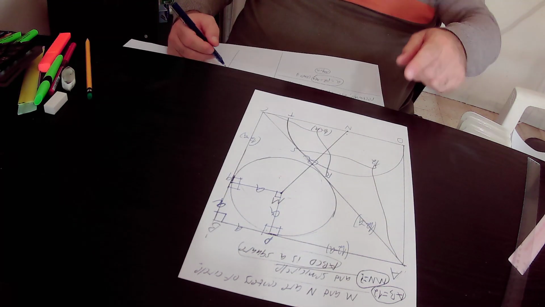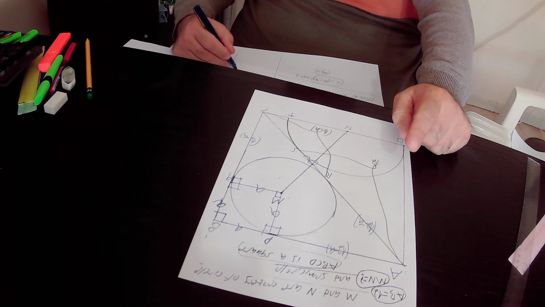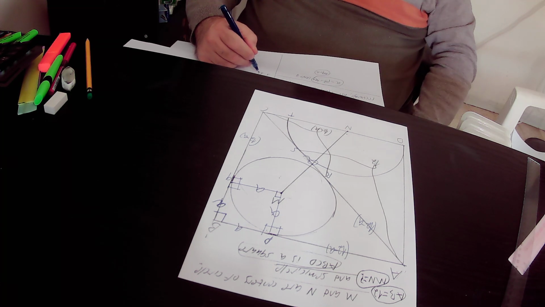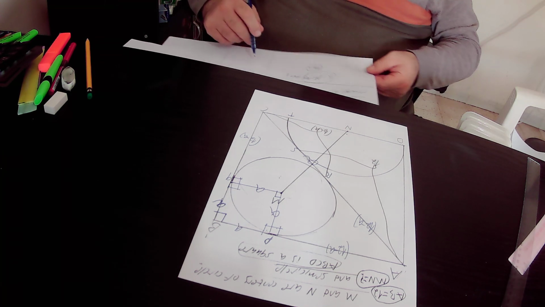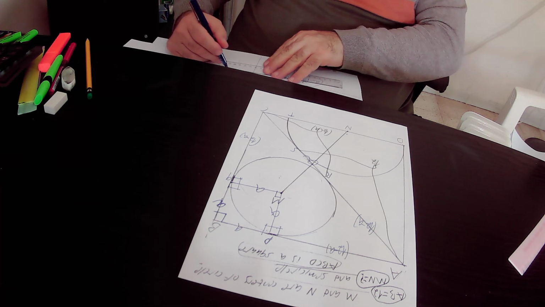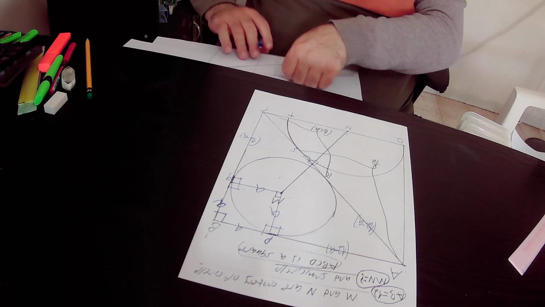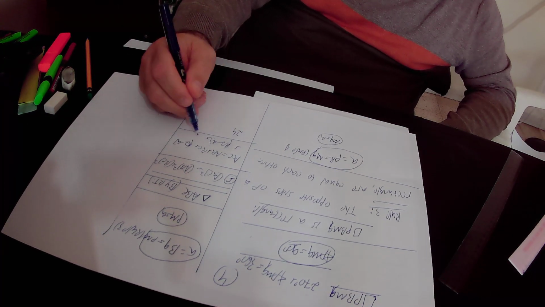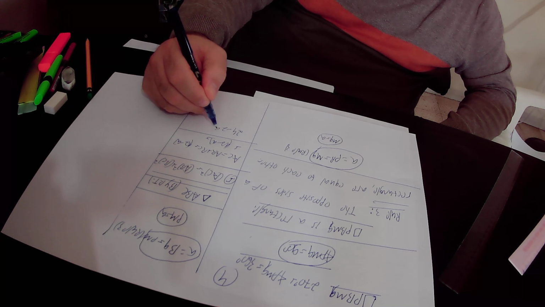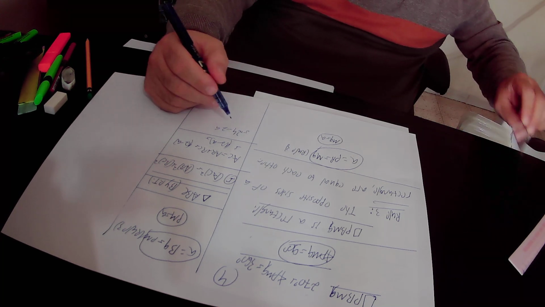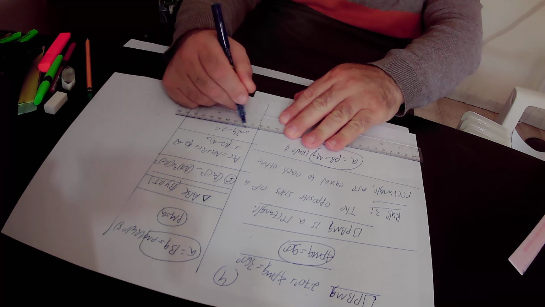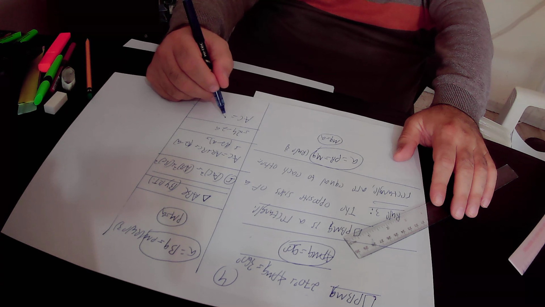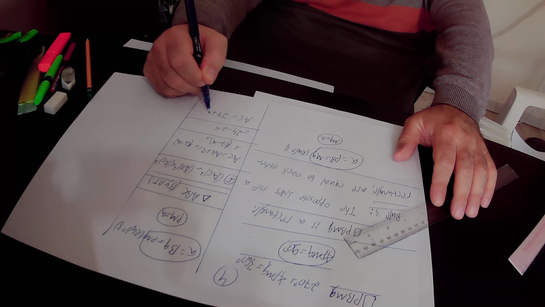But we have already found out that AR equals 12 minus A, and RC is also equal to 12 minus A. So in conclusion, AC equals 12 plus 12, which is 24, minus A minus A, which is minus 2A. So I write it down: AC equals 24 minus 2A.